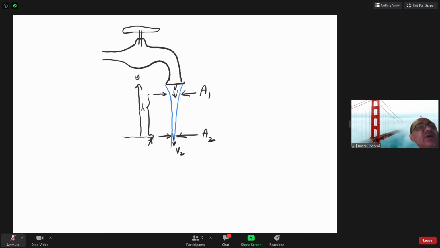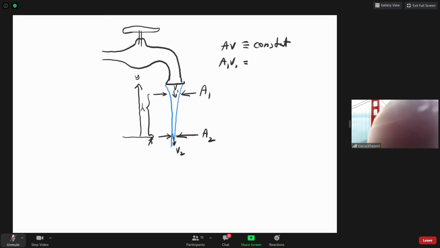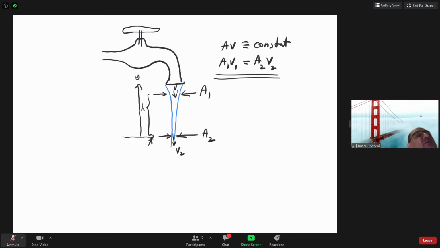Okay, so first of all, A times V is a constant, okay, for an incompressible fluid like water. So that means A1 V1 has to be equal to A2 V2 in this situation. So this definitely has to be true, okay?